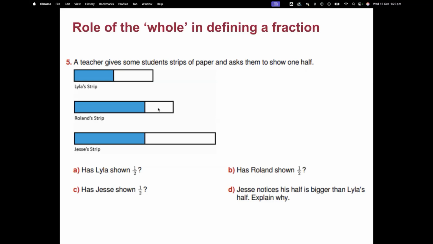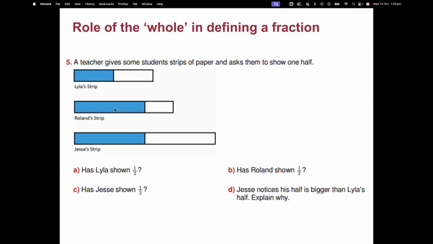But have a look, there are so many questions you can ask. This is 1/2, and then Jessie is showing 1/2, but it looks like Jessie's half is larger than Lila's half. You can ask students why. And the answer is because Jessie's whole is larger than Lila's whole.